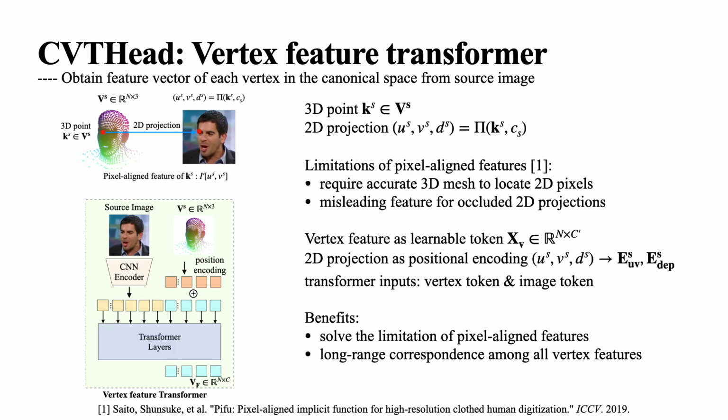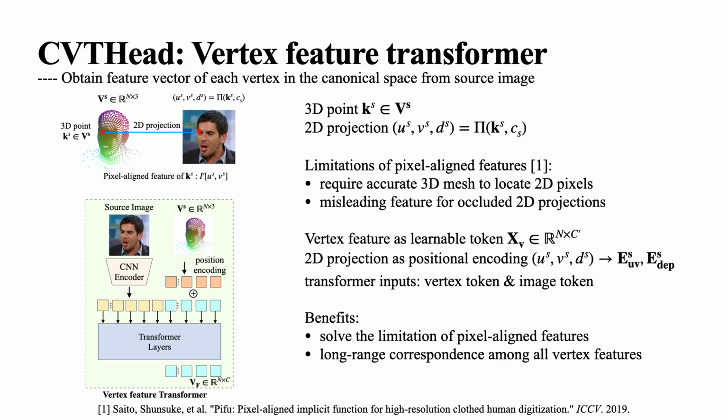For example, in an image where the right ear is occluded by the face, the projection might still capture features from the right eye instead. To this end, we propose the Vertex-feature Transformer, which considers the vertex features as learnable tokens, and the 2D projections as their corresponding positional encodings.